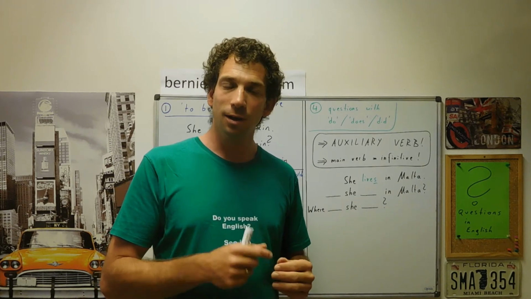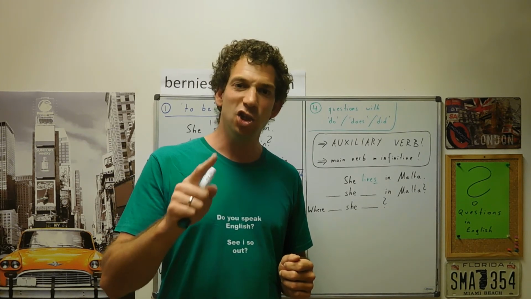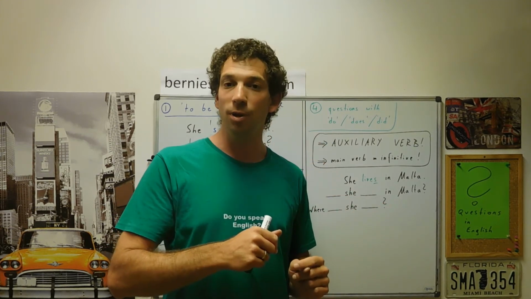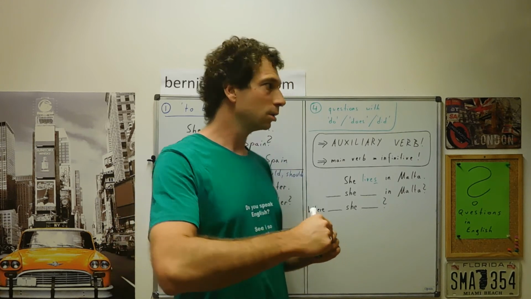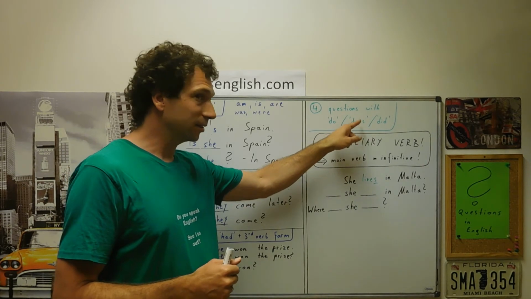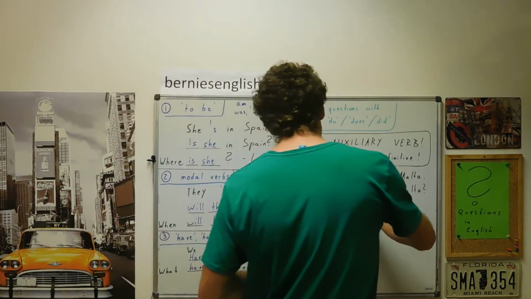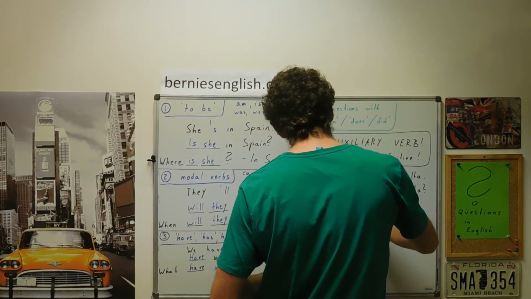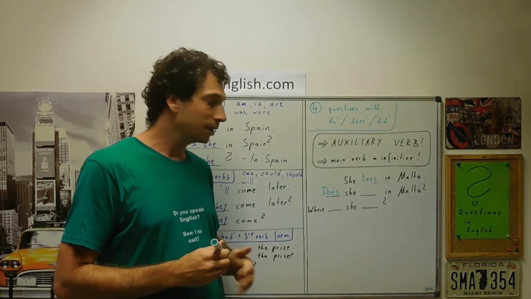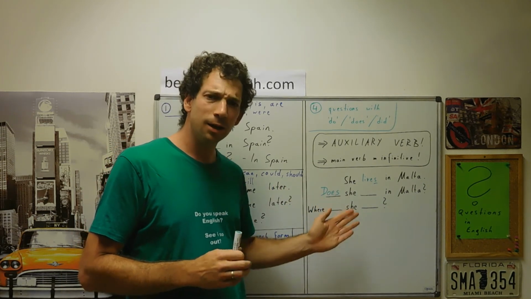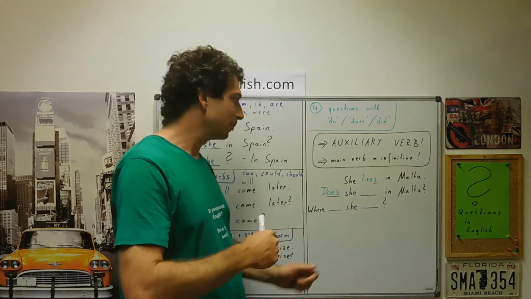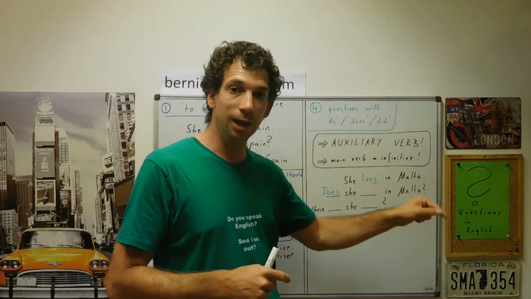Now, she is a third person. Remember, there is the rule he, she, it, always use an S at the end of the verb. So we need the auxiliary verb does. Our question starts with, does she? And what do we do now? The original sentence is, she lives in Malta.